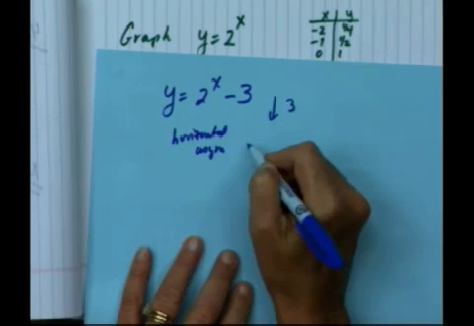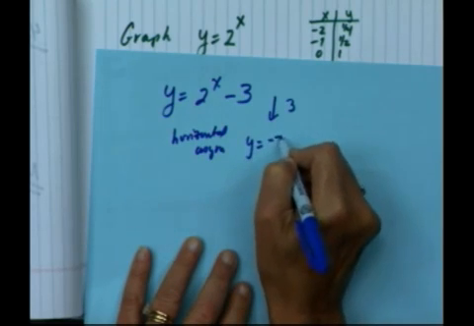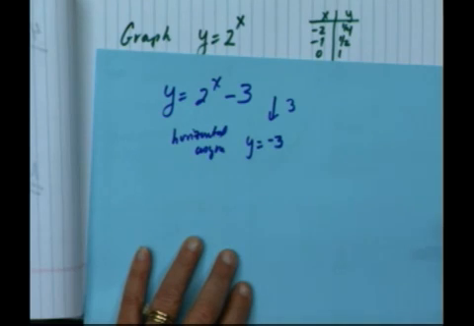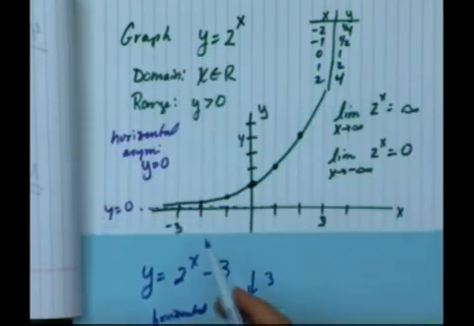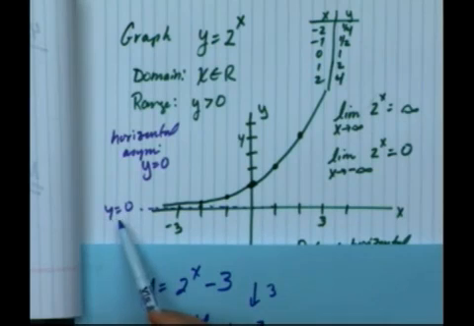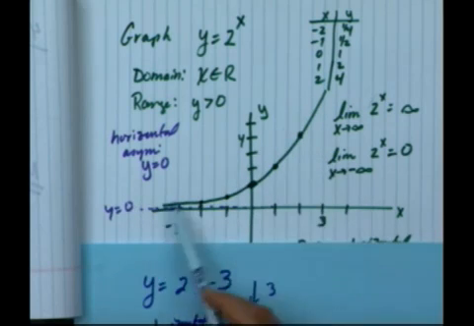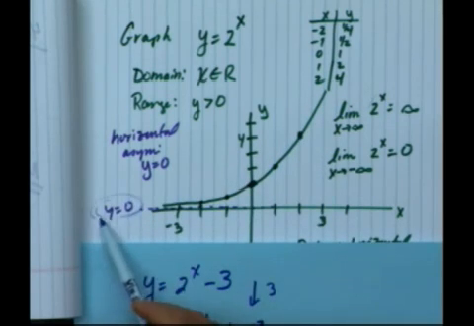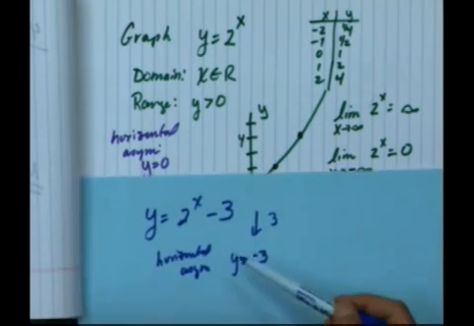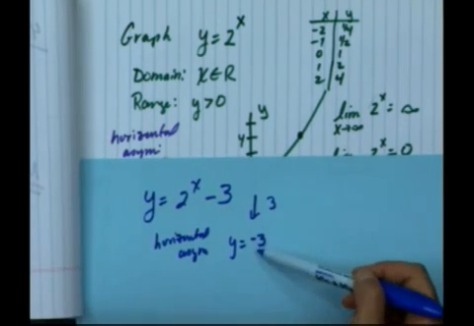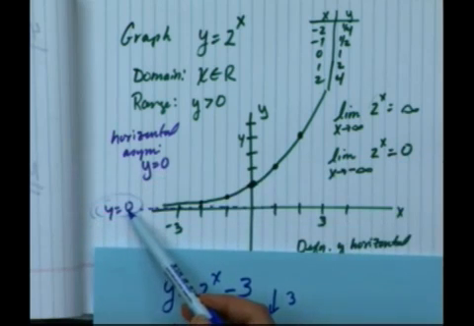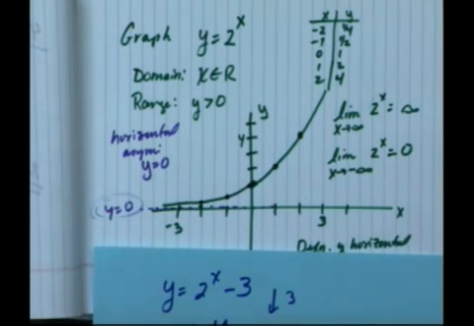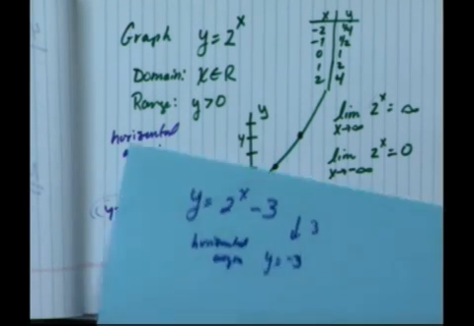Y equals -3. How do you know that so fast? Because when you shift down, you shift the asymptote with it. Exactly. When you had y equals 2 to the x, your horizontal asymptote is y equal to 0. If you do a vertical shift down of 3, your asymptote is also going to come down 3. Okay, is that good? All right.